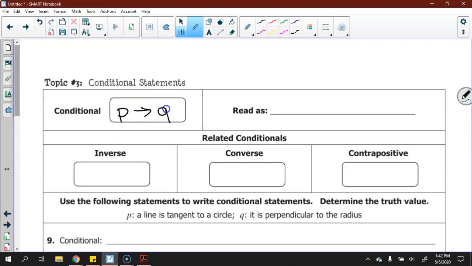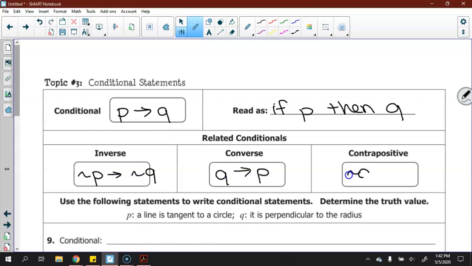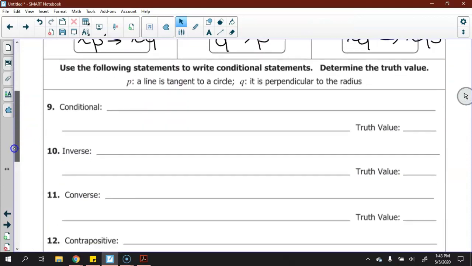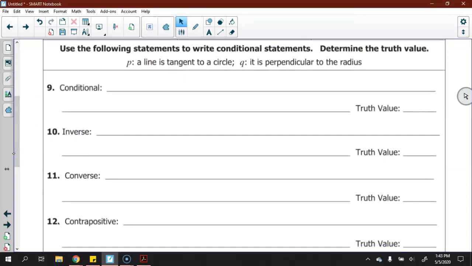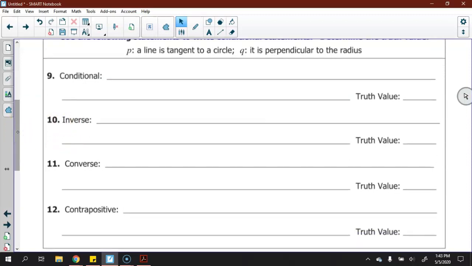So I've got P, then Q. All right. So for this one, I'm going to go through and do 9 and 10, and then I'll leave you converse and contrapositive so that way you can practice them on your own.